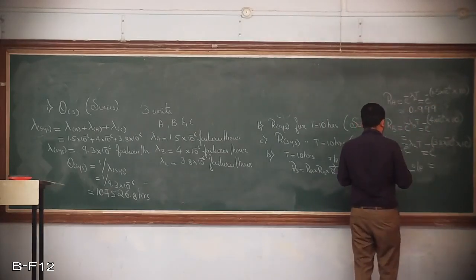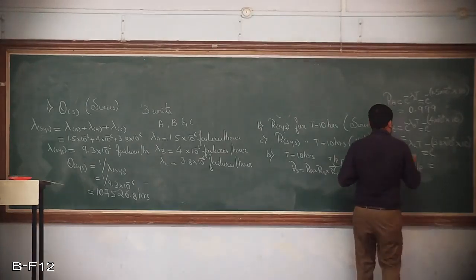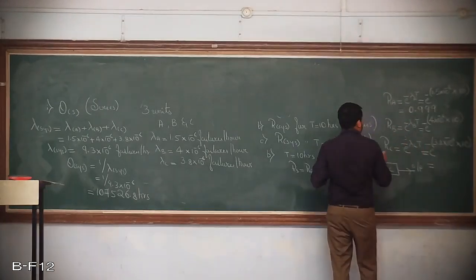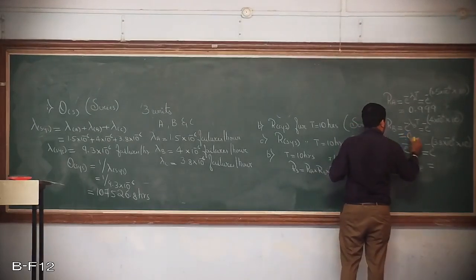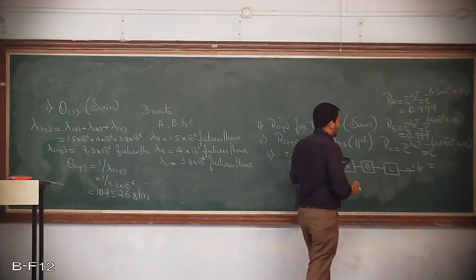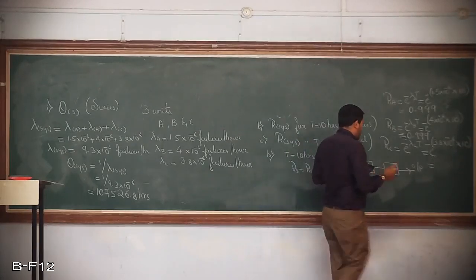This will come as 0.999. Again, the reliability of component B will also come as 0.999, and the reliability of C will also come as 0.999.